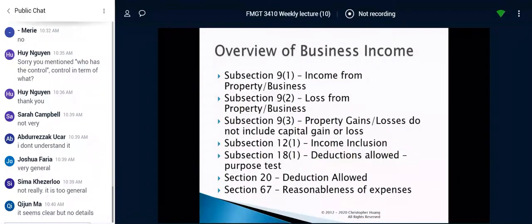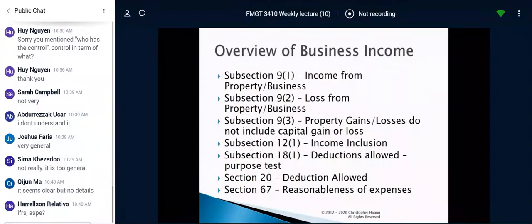So here's a question. What type of GAAP do you guys learn in your classes? What standards do you guys learn? So you learn IFRS, you learn ASPE.